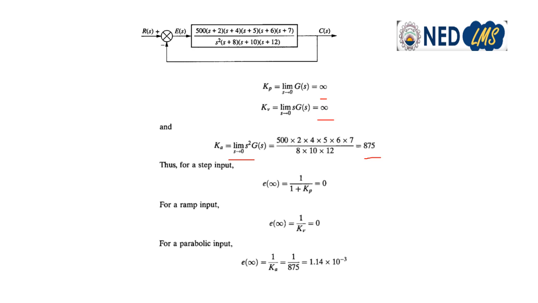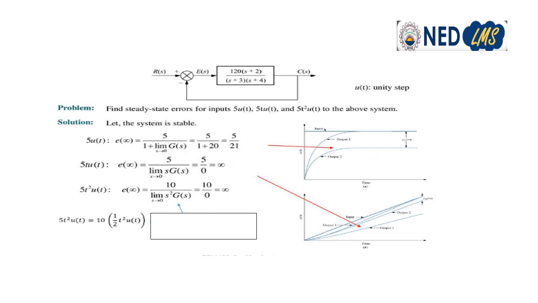So we have actually discussed all three cases, type 0, type 1 and type 2. We have seen an example of each case. Now in this example we can see that we have some particular values of the inputs, that is we apply 5 u of t, which is a step function with a magnitude of 5, then 5t u of t, which is a ramp function with a slope 5, and then the parabolic function 5t square u of t.